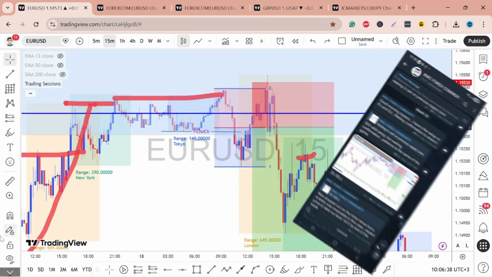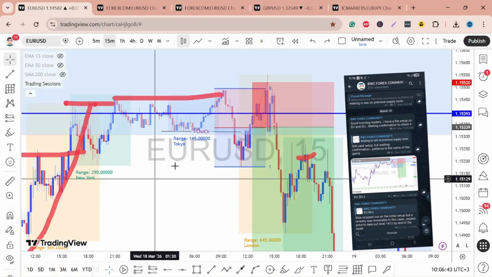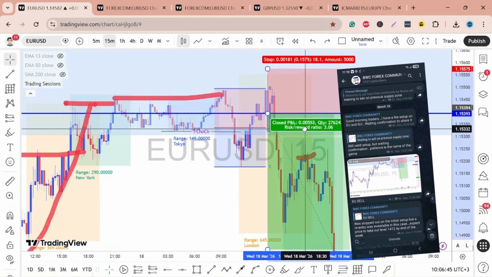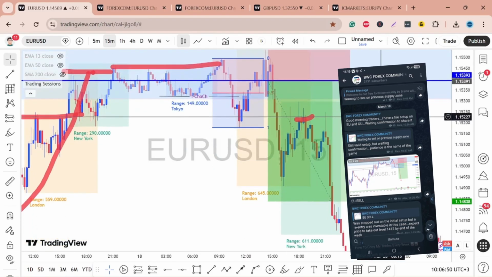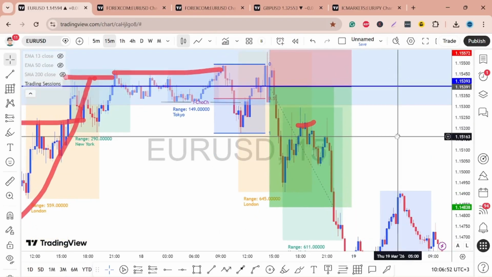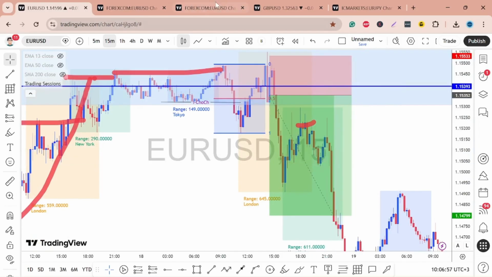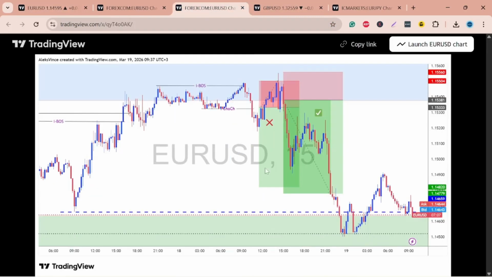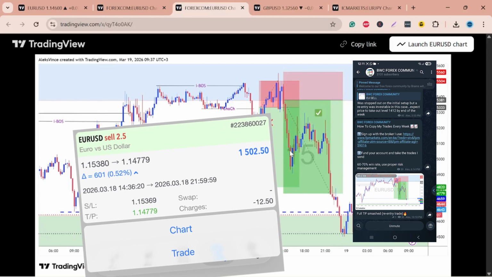That's a story for another day. So that was the Asian high liquidity being grabbed on this particular wick over here. So I made a re-entry after that liquidity grab, and I ended up taking 1:3. I think the entry was around there. So that was the setup, and I ended up getting a 1:3 risk reward ratio on the re-entry trade.